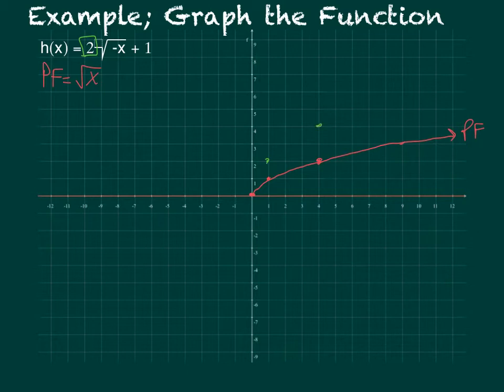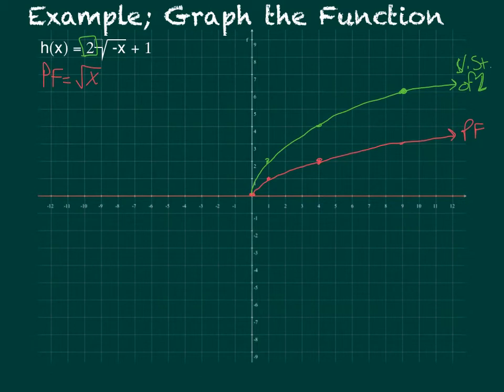Instead of it being 3, it's going to be 6. So just multiply all of those y's by 2. Okay, so then I'm going to sketch that. So that would be, after the vertical stretch of 2, that green one right there.